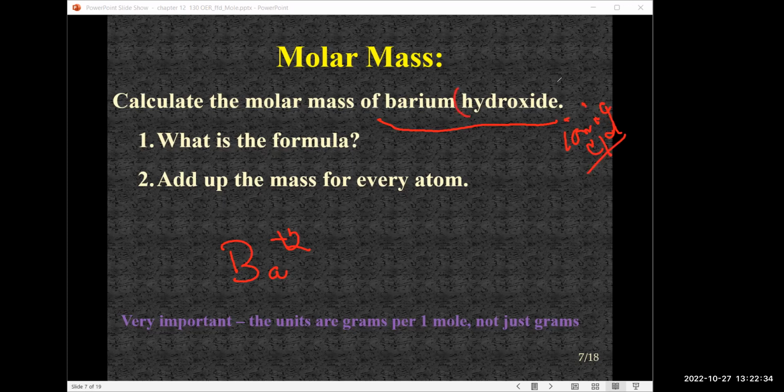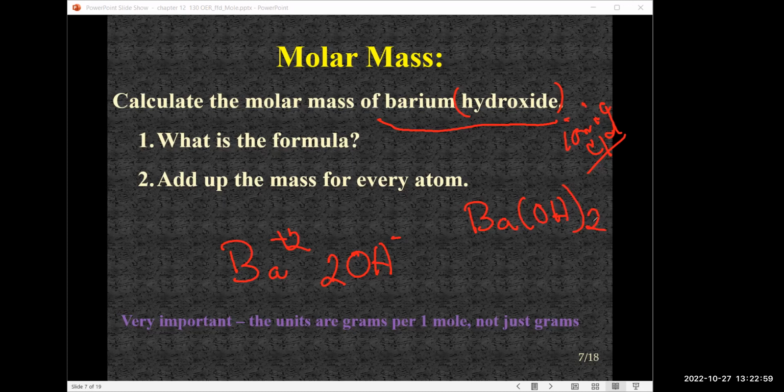The hydroxide is the polyatomic ion that you find on the periodic table, and its formula is OH negative, right? So we need two hydroxides for every barium. So the formula is Ba(OH)2, and that is our formula.